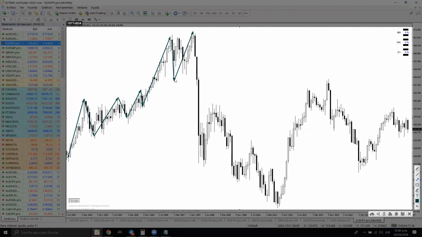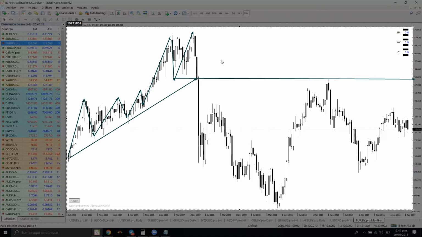Okay, now we have here, this is the last support from this bullish trend. I'm talking monthly. This is 2003, more than 80 years. But I just want you to understand the concept. And when you make your trade, you're going to find out that this is very helpful.